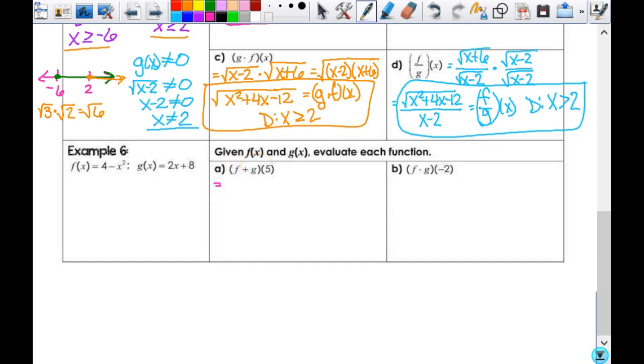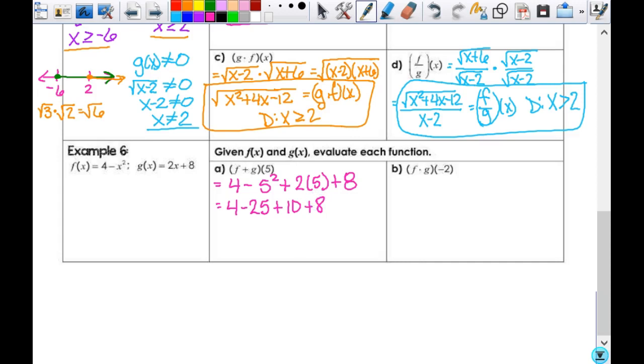So f of 5 is going to be 4 minus 5 squared plus g of 5 is going to be 2 times 5 plus 8. You see how I just put them both together? Okay with that? So that gives me 4 minus 25 plus 10 plus 8.